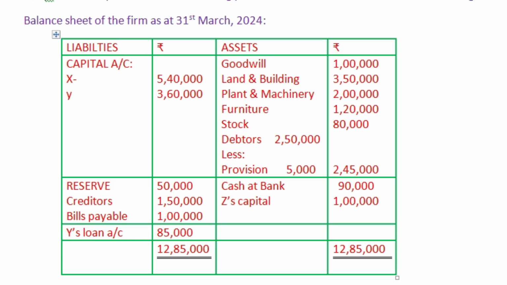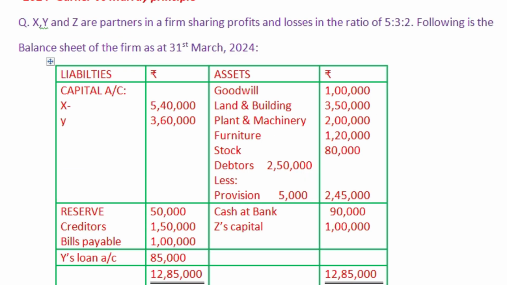Again, capital accounts are maintained by partners, whether fixed capital or fluctuating capital. In this problem, there is no current account given, hence the type of capital maintained is fluctuating capital, and the capital ratio is calculated.